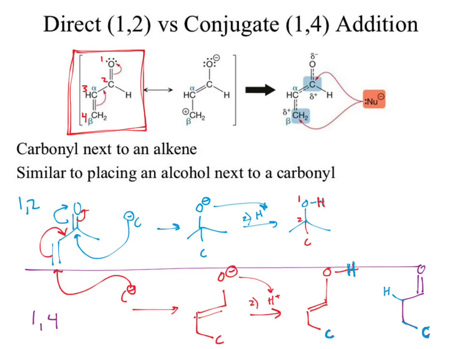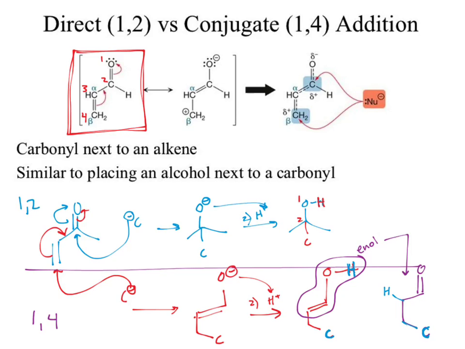Are we in an acidic environment? Not a bad idea, considering the environment that we're in. Doesn't matter. So do you get the 1,4 product and then it tautomerizes to the more stable one? What functional group is this? It's an enol. What do enols do?